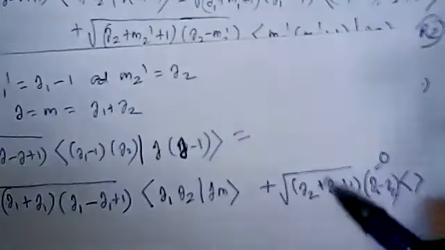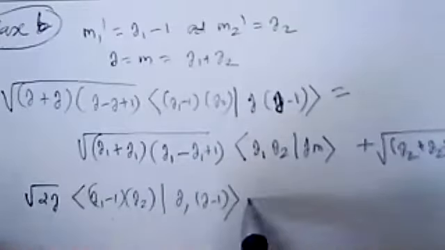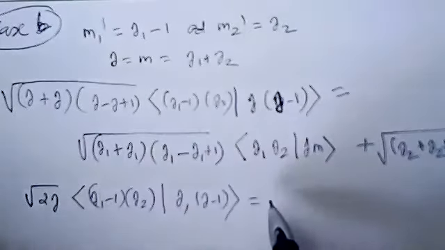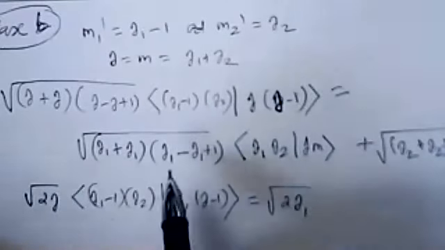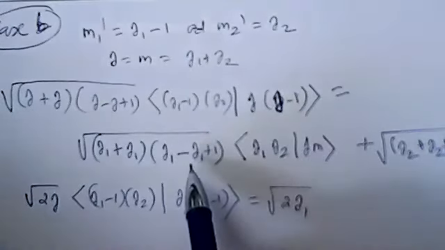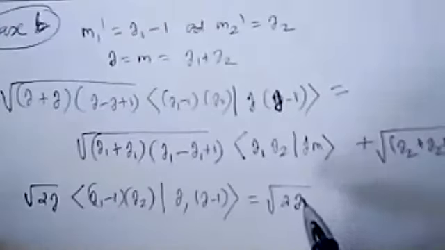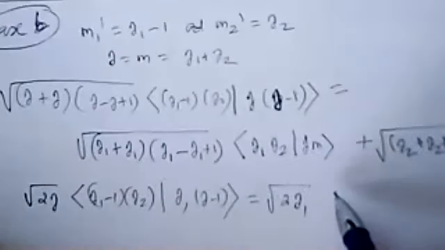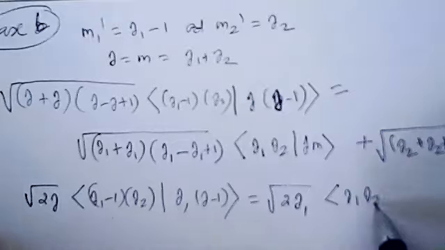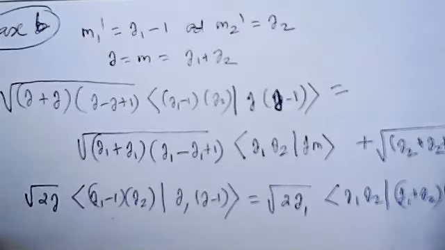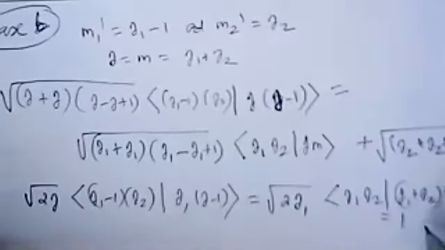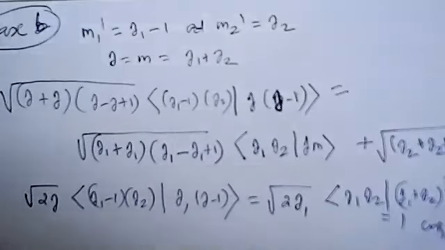Then j comma j minus 1 equals root of 2j1. Now j1 minus j1 is 0, plus 1, that is 1. Again this is root of j1 j2, j1 plus j2, m is also j1 plus j2, so this equals 1 using equation 1, the previous recurrence property.